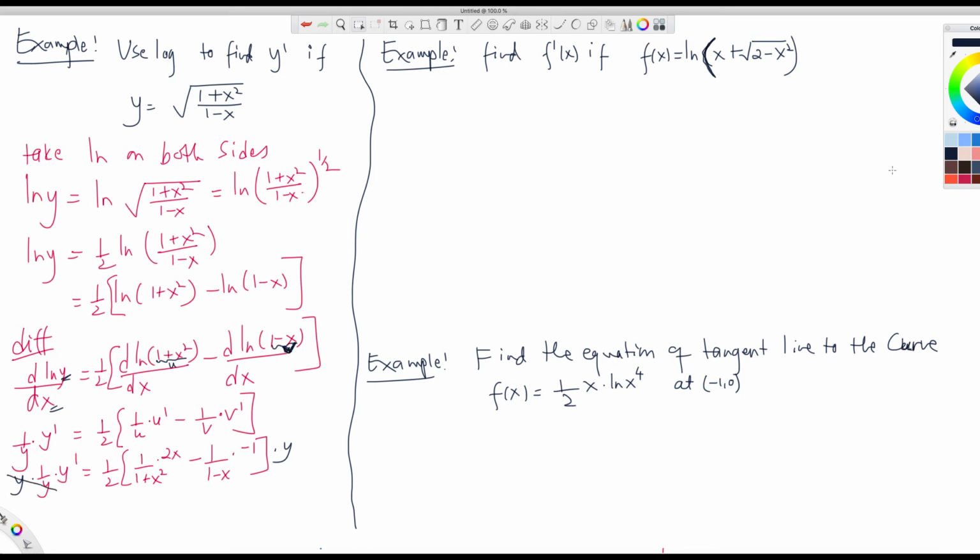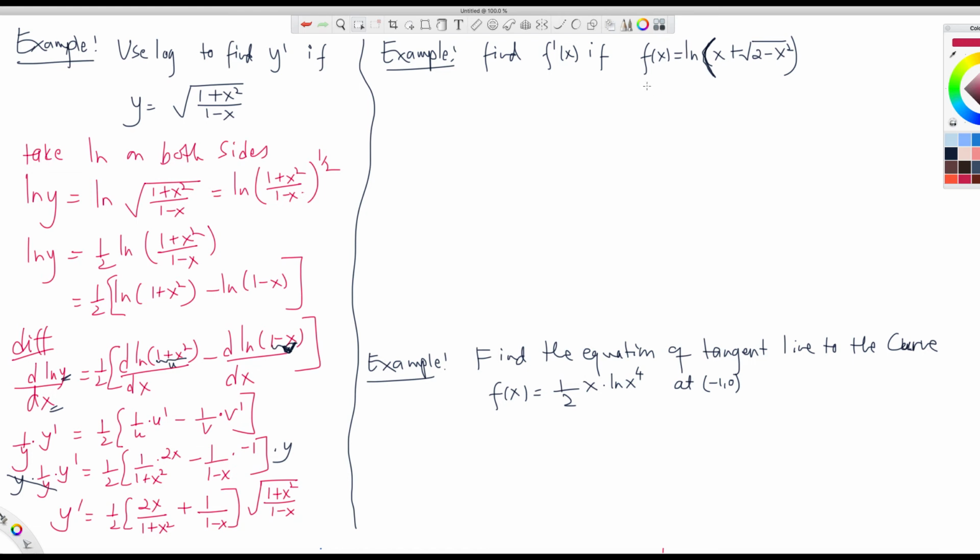So basically you get y prime equals 1/2, that will be 2x over 1 plus x squared, and then plus, because -1 times -1 is +1, 1 divided by 1 minus x. And let me plug in the value of y as well. y was root under 1 plus x squared over 1 minus x. This is the final answer, okay? So that is basically the final answer.